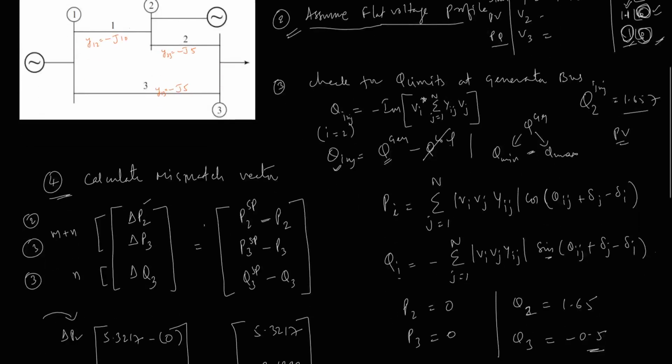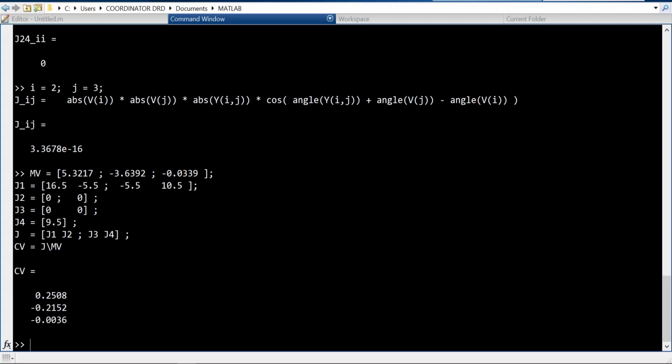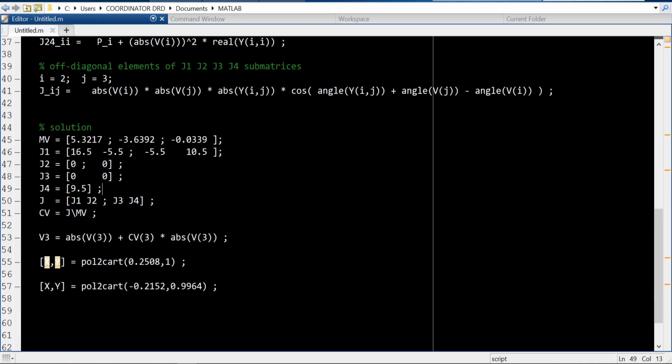Rectangular form, for that what I have done is V3 equals absolute V3 naught plus the correction, that is what we have calculated. Now I am converting the polar to rectangular form.